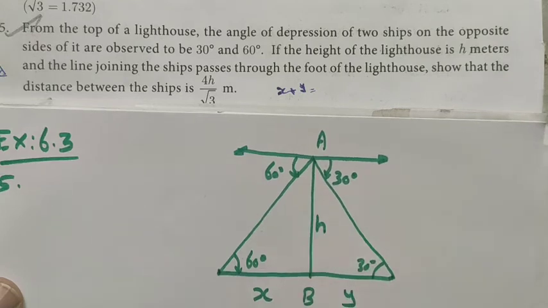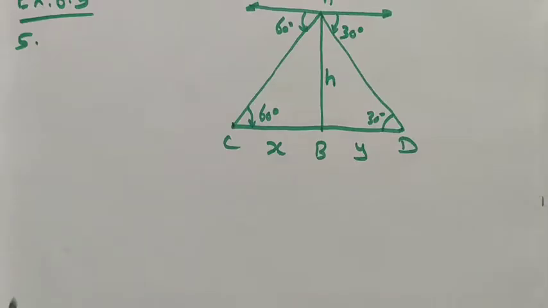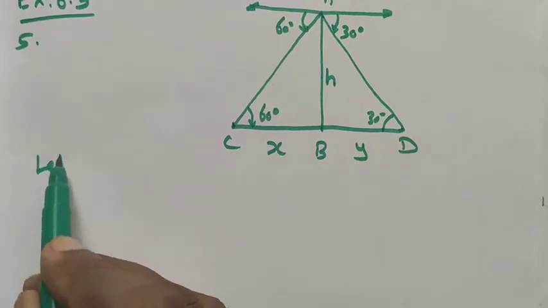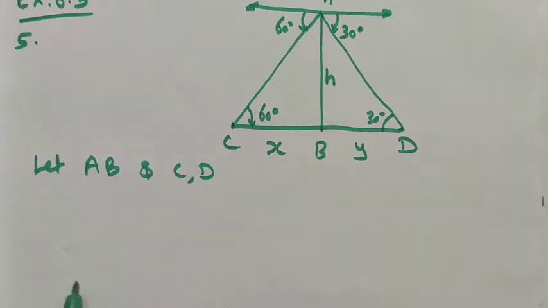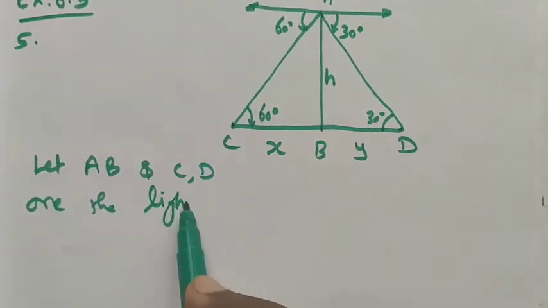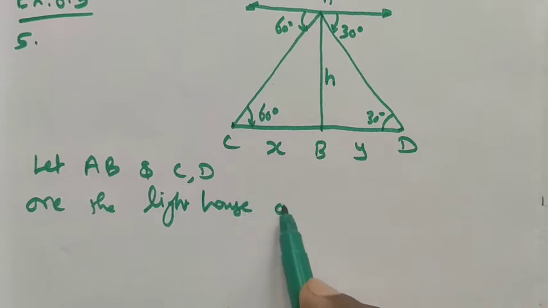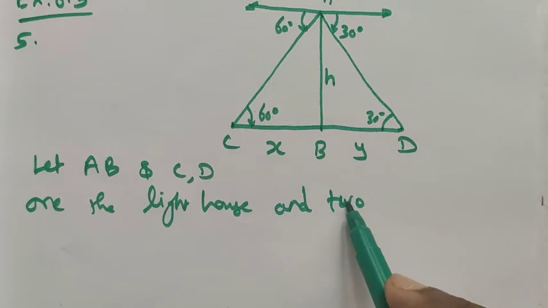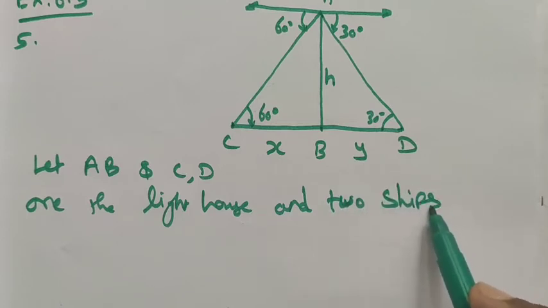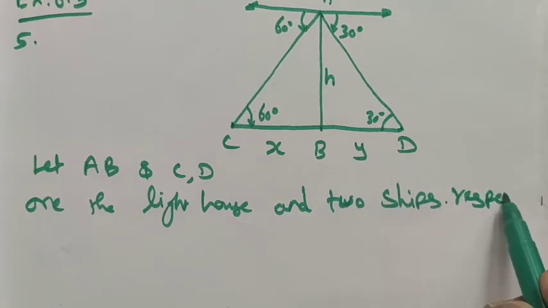The height of the lighthouse is given as h. Let me take it as A, B, C, D. Let AB and CD be the lighthouse and the two ships respectively.